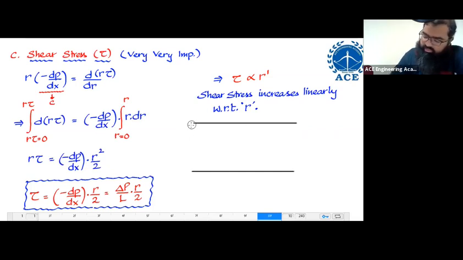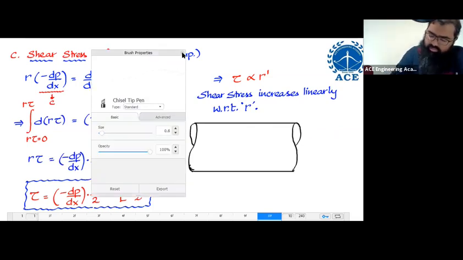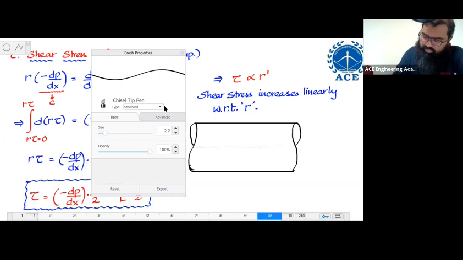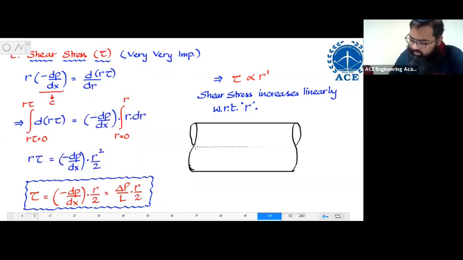Imagine this is a pipe you are having. Suppose I have a center line, the center line of the pipe.